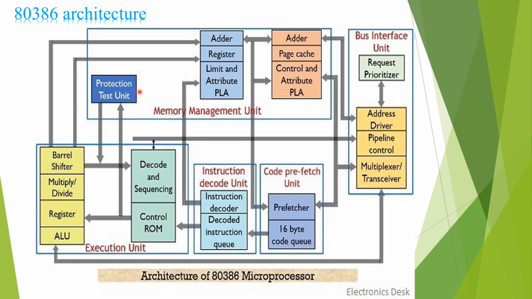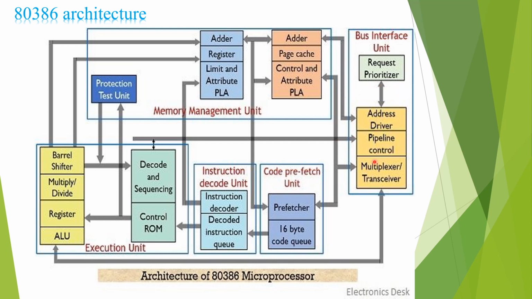Next is the execution unit. In the memory management unit, the physical address is calculated. According to the physical address, we can know where data is stored and from where the instruction is to be fetched. This address is sent to the bus interface unit.